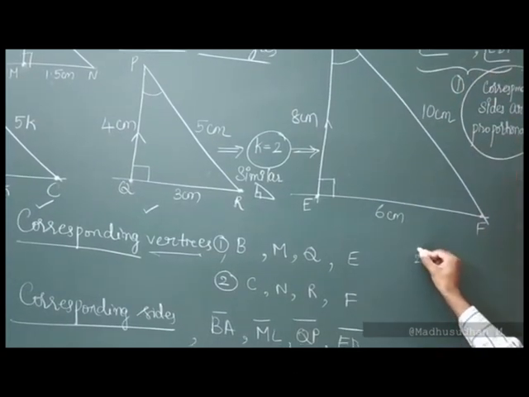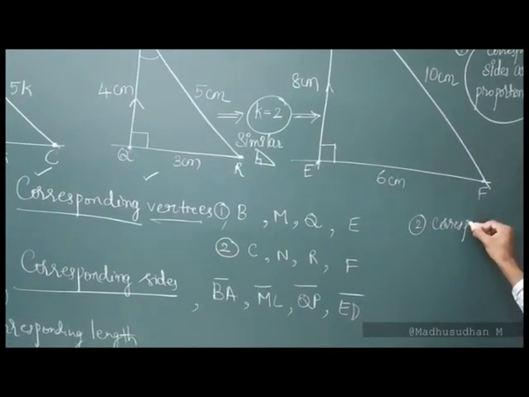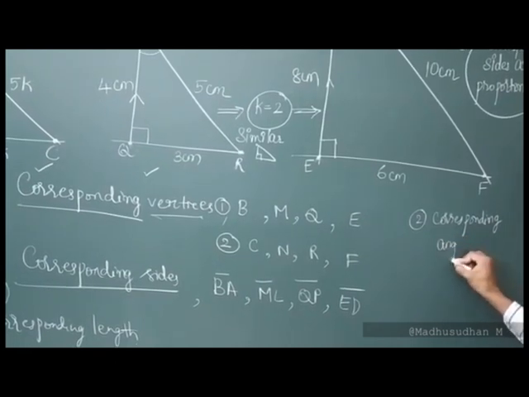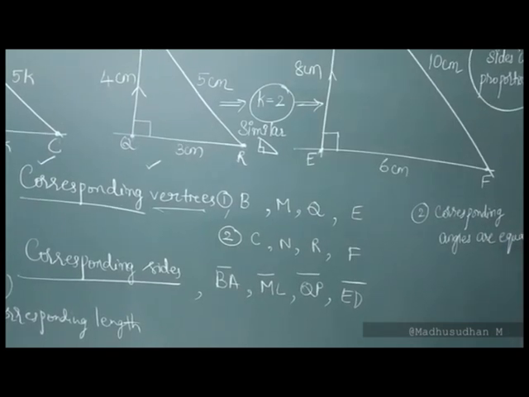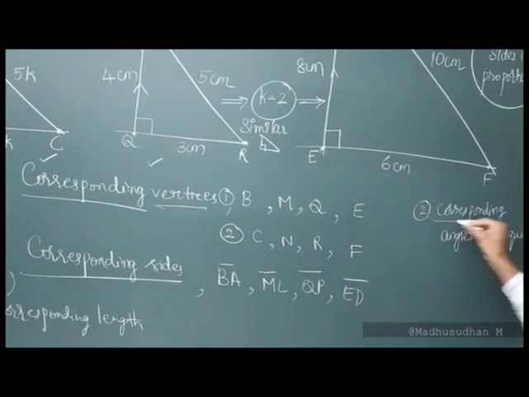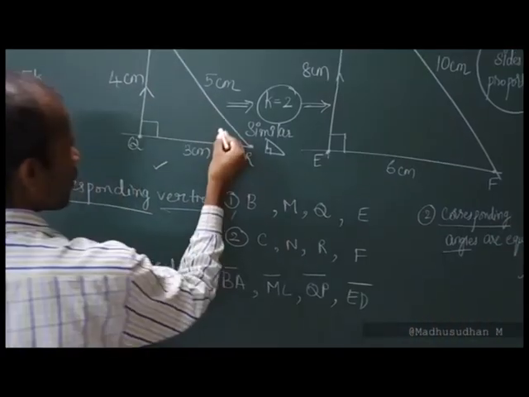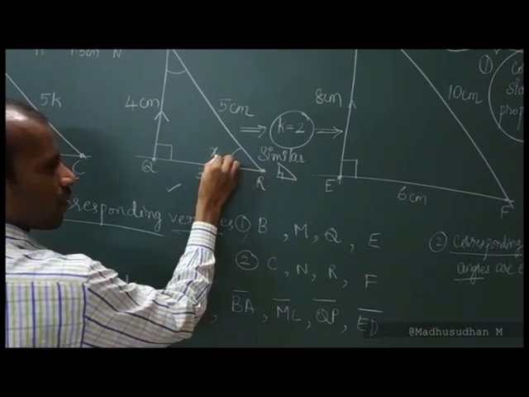The second point, the corresponding angles are equal. So when we speak about corresponding angles, they are equal. So what is the meaning of that? If this angle is x, follow it, children.